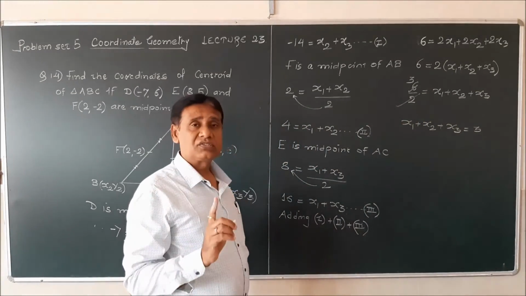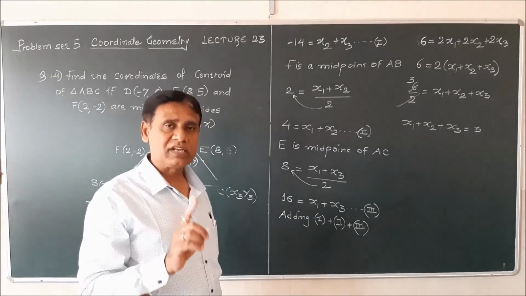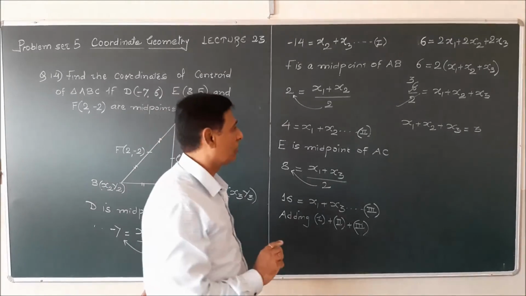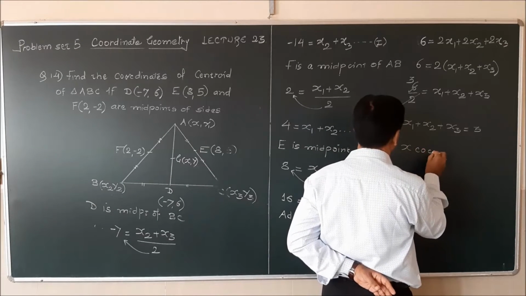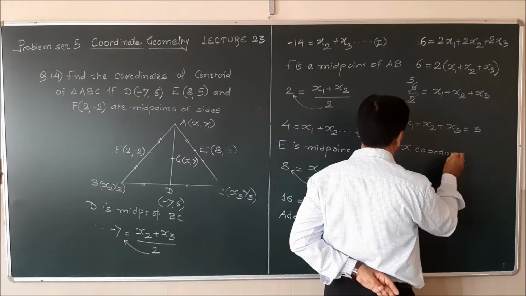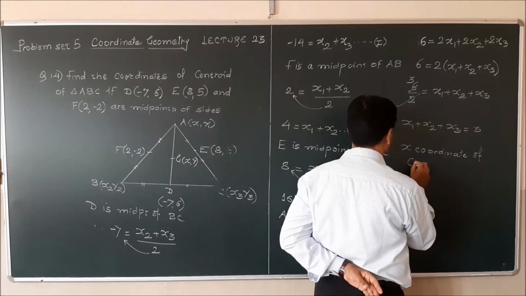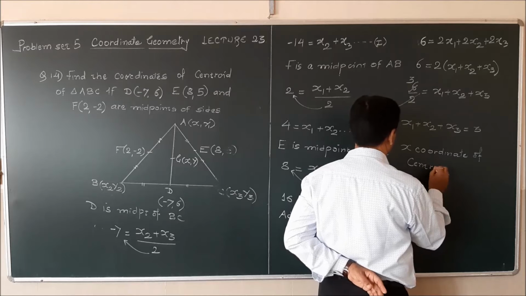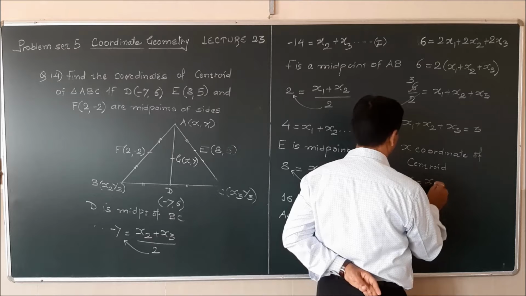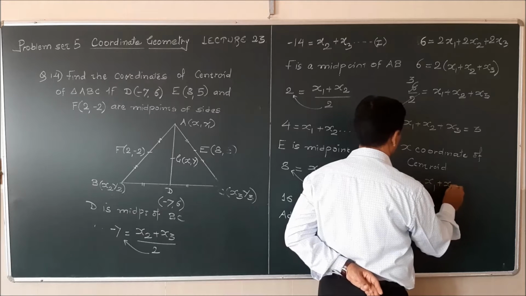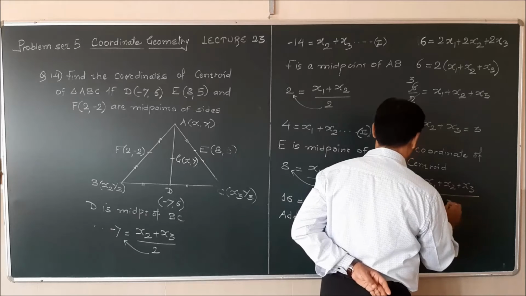Now the coordinates of the centroid. Formula for the x coordinate of the centroid: x is equal to x1 plus x2 plus x3 upon 3.